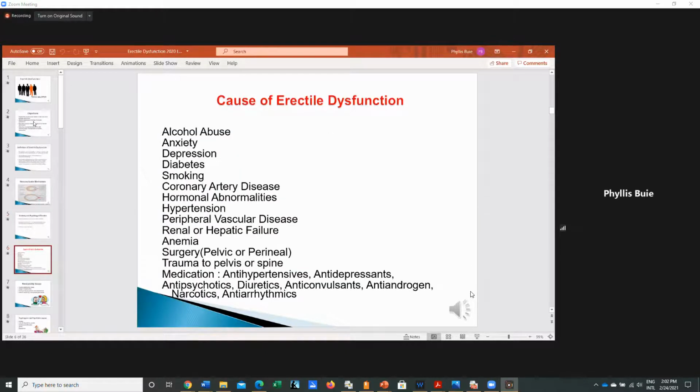So let's talk a little bit about, well, first of all, there's two basic kinds of erectile dysfunction. There's one that is called organic, and it's where you have a gradual decrease in function, meaning that maybe a year, 2 years ago, they were functioning fine, and now 2 years later, they're not able to maintain an erection.